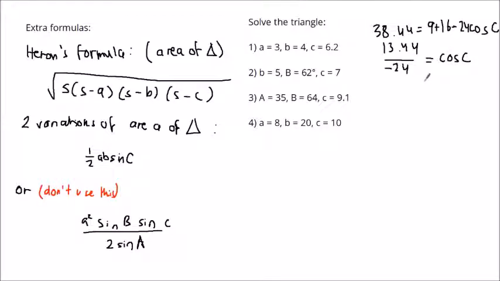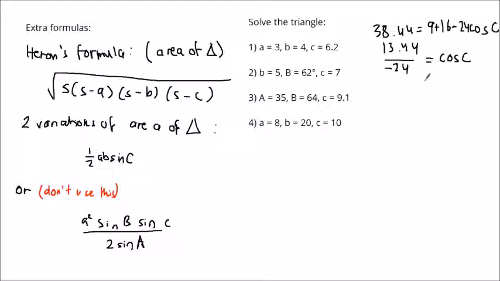So C is going to be equal to, and I need to use my phone for this because I definitely don't want to use the computer for simple trivial matters like this. Put it in degree mode. Second inverse, 13.44 divided by 24, and then make that negative, and then take the inverse.